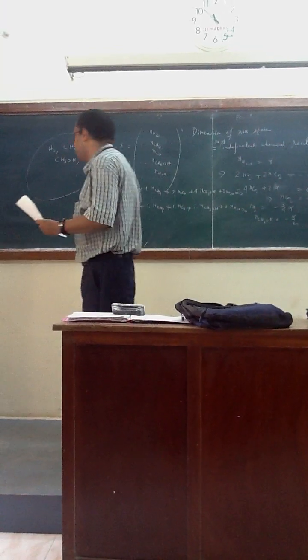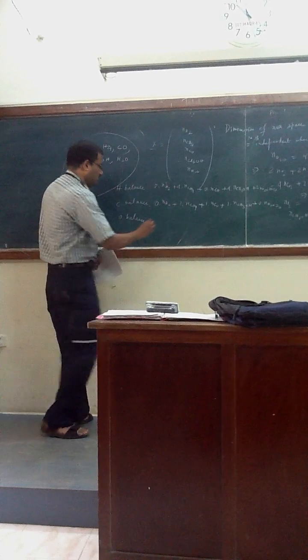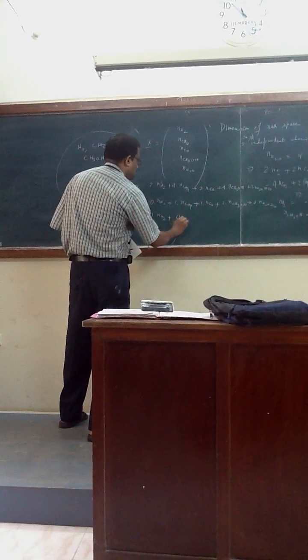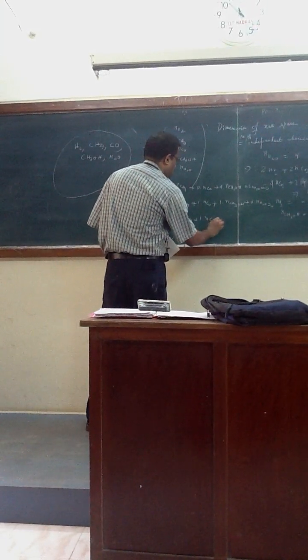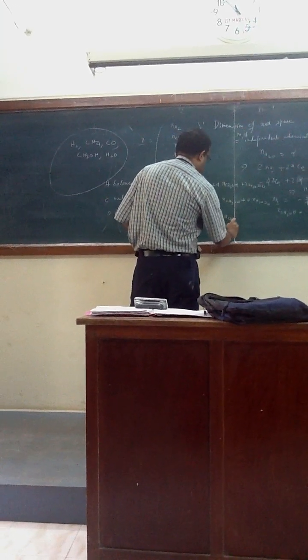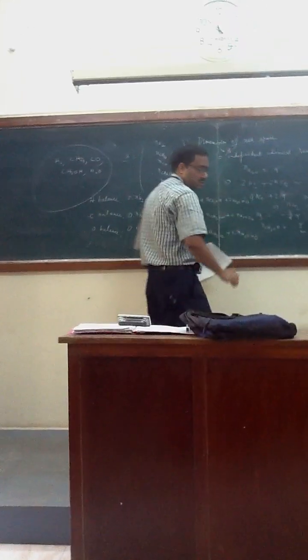O balance remaining. Next. 0 into NH2. 0 into NCH4, yes. 1 into NCO. 1 into NCH3OH. Plus 1 into NH2O equals to 0.